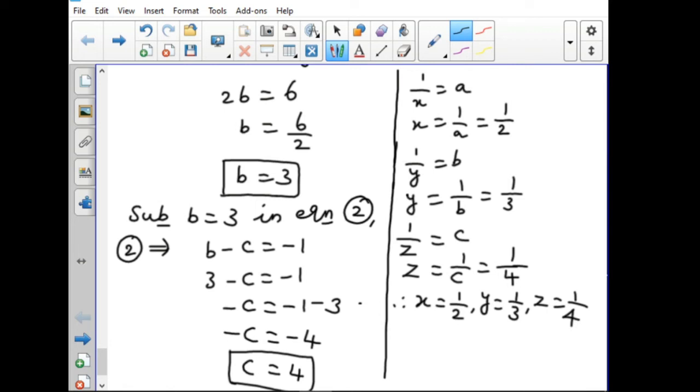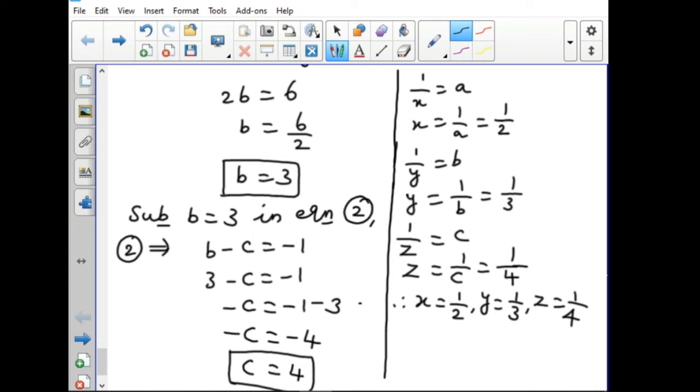Like that we have got the three solutions. First they have given the equation with x, y, z in the denominator. So we assume another variable: 1 by x equal to a, 1 by y equal to b, 1 by z equal to c. Then we can solve the equations and get the values of a, b, c.